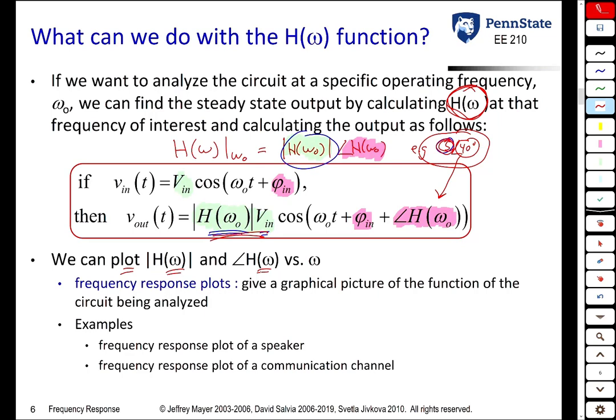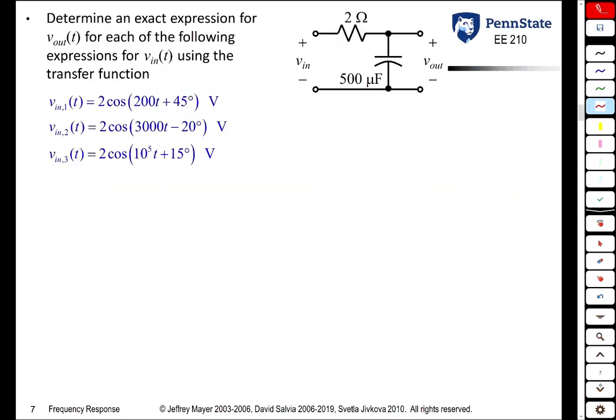So let's first look at this idea here. Let's go back to the same circuit we had before, and from before, what do we know? We know that the transfer function, H of omega, is 1 over 1 plus j omega over 1000.